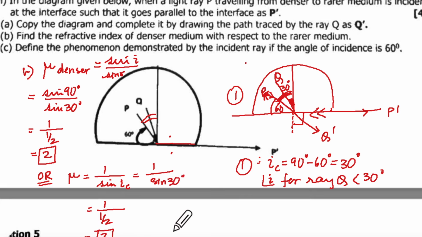Can you see that? Understood? You could have done it this way also. Did you understand? Yes. Both of the methods are right. Okay, so this will be the third mark.